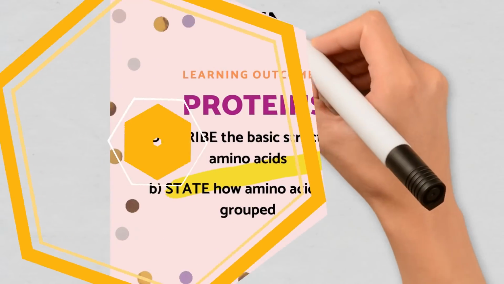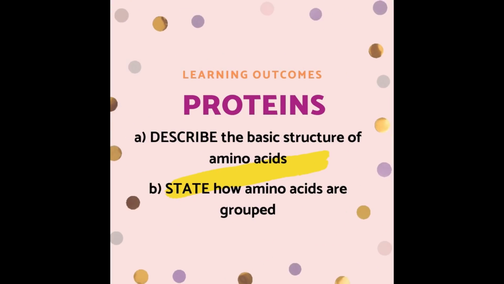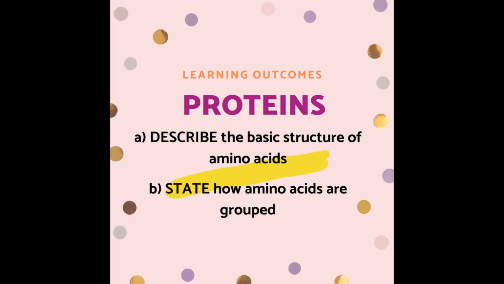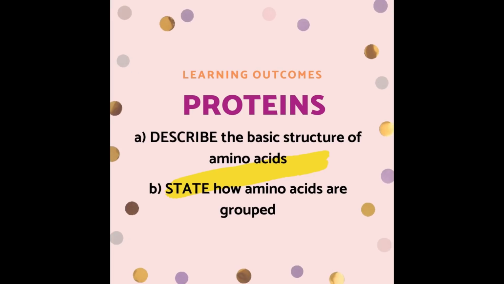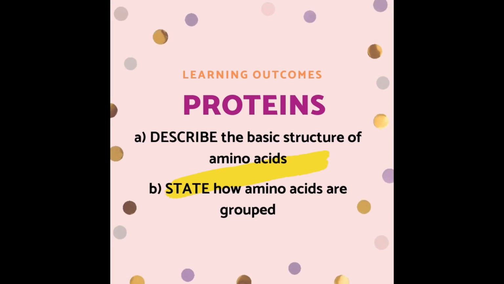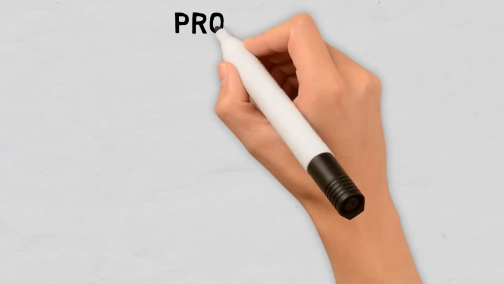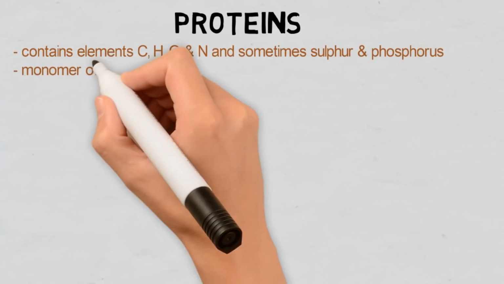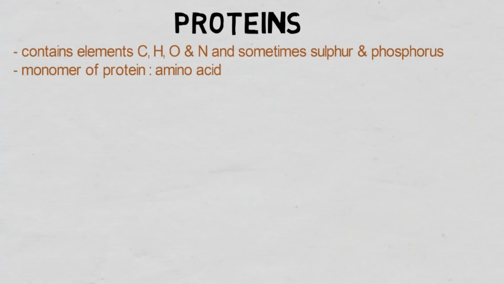Next, the learning outcomes for proteins. The first one is to describe the basic structure of amino acids, and the second one is to state how amino acids are grouped. Protein contains the elements carbon, hydrogen, oxygen, and nitrogen, and sometimes sulfur and phosphorus. The monomer of protein is amino acids.